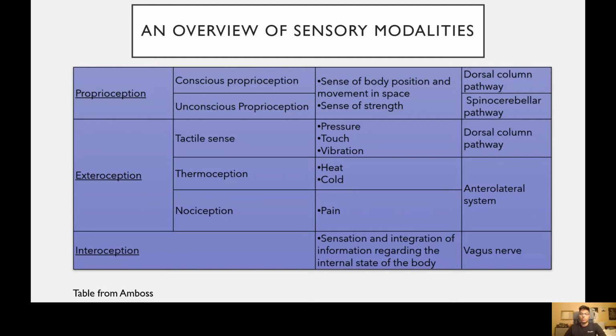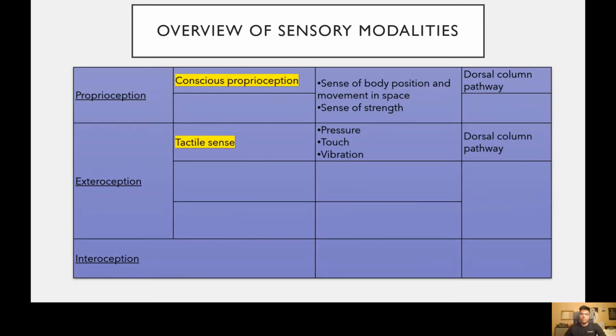But today we're going to be focusing on the information that is carried by the dorsal column pathway, which are conscious proprioception and tactile sensation. These are the two sensory information that are specifically carried by our dorsal column pathway, and we will be talking about both of these in detail in the next few slides.